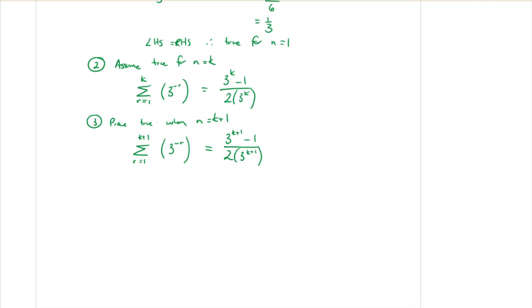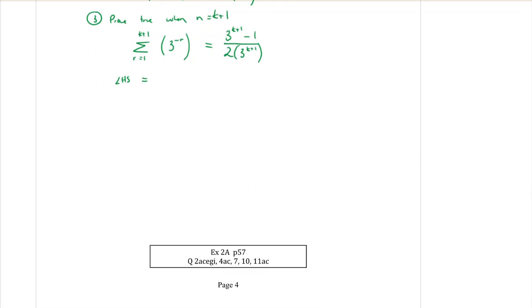Now, how am I going to do this on my left-hand side? Remember there are always those 2 parts. The first part of the series we're going to hopefully replace with our step 2, and then we're going to have that 1 extra term on the end. So let's split this left-hand side with the sigma. Let's split that to be from r equals 1 to k.